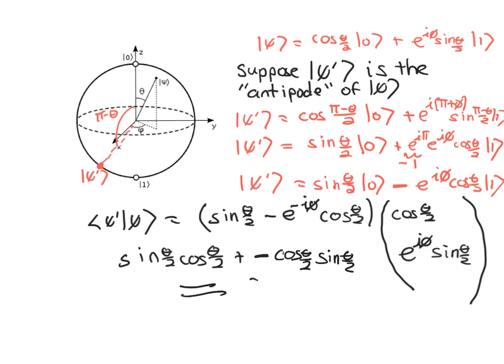So that is equal to 0. So any two states that are diametrically opposed to one another are orthogonal to one another.